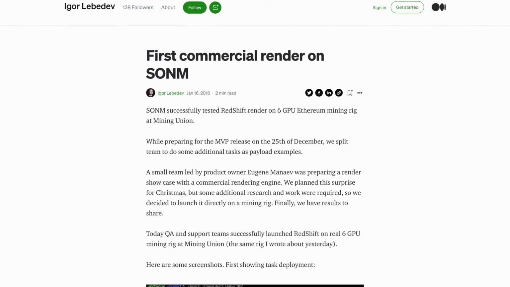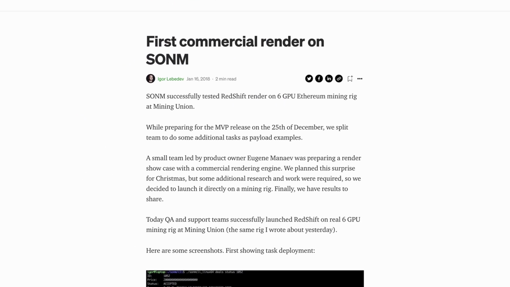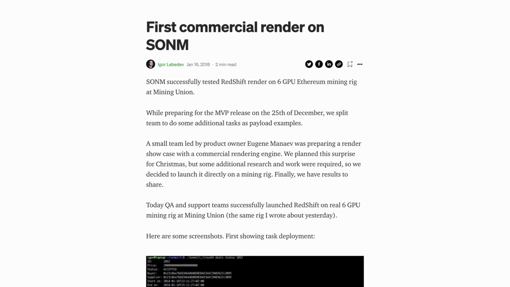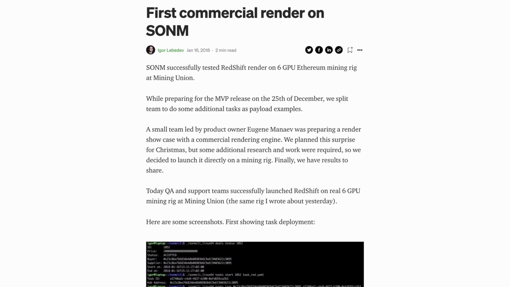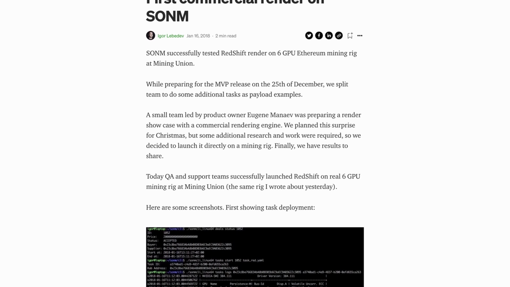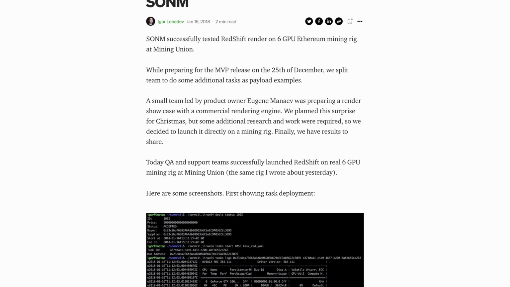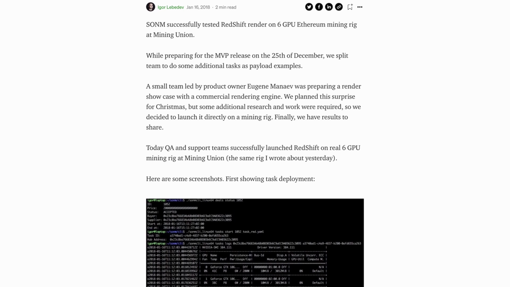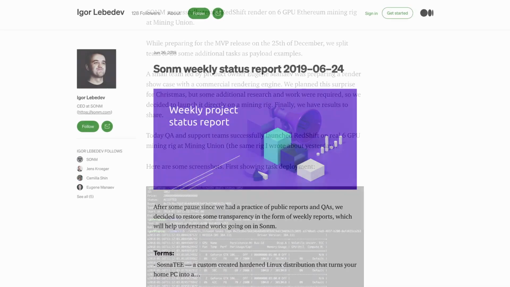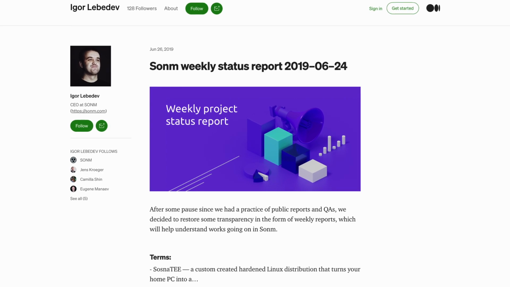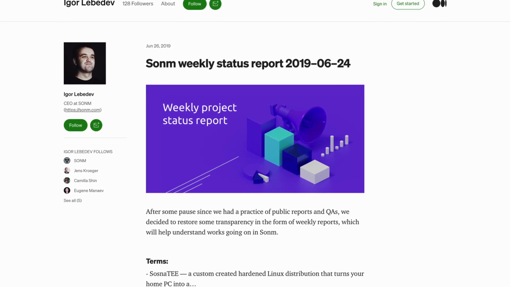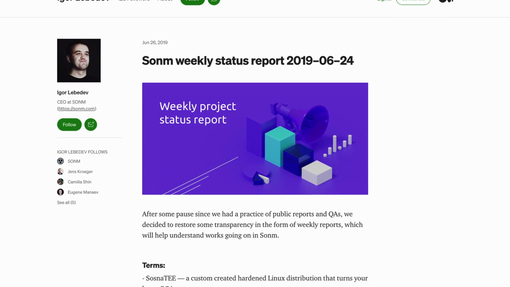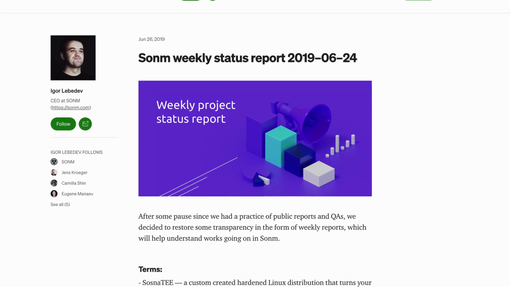At the beginning of 2018, it announced a first use of rendering power offered by some. Also very good expectations, but they were diluted. The last official report is from mid-2019. Nothing else is known about this project, although its SNM token is still listed on Binance.